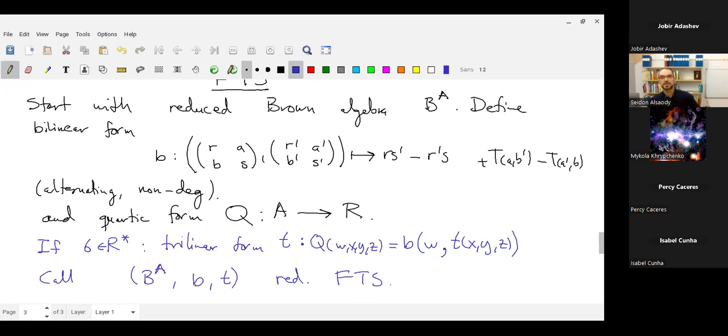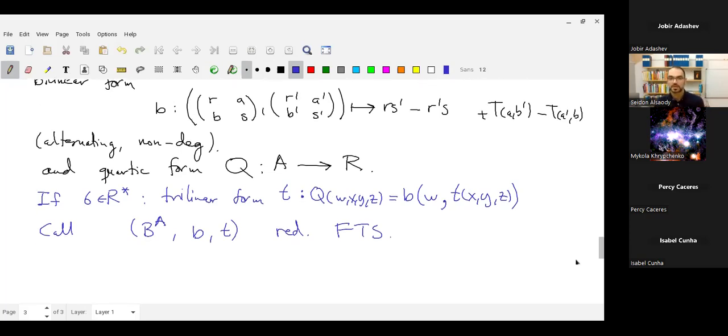Now, this year there was actually a breakthrough in this world due to a paper by Garibaldi, Peterson, and Racine. I mean, okay, I guess we're in 2023 now.